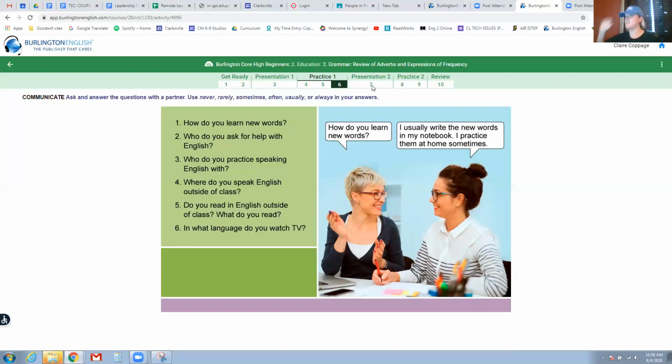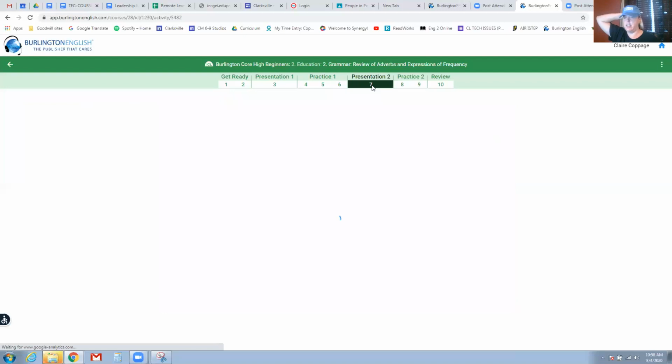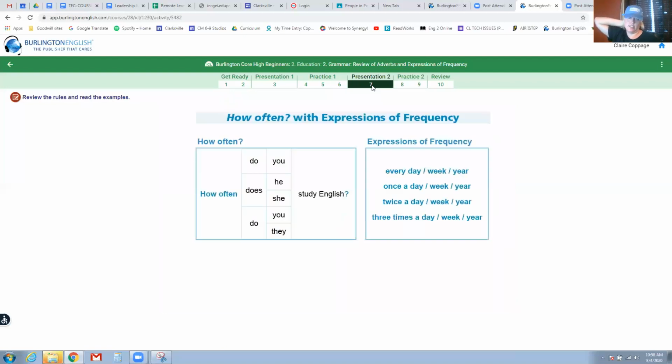All right, let's go to our next presentation with these expressions of frequency. So, if we ask the question, how often? In Spanish, it's like asking, ¿cuántas veces? So, our answers will be in numbers, in números, las respuestas.